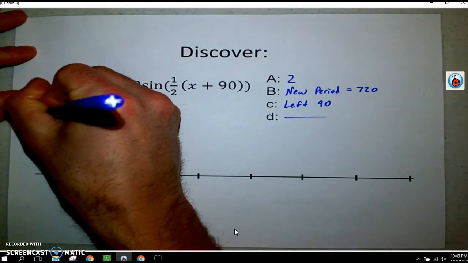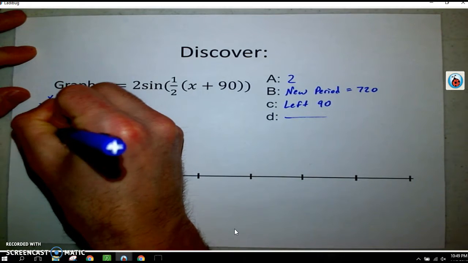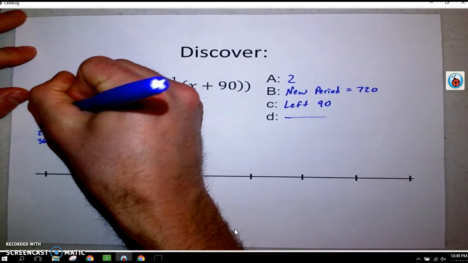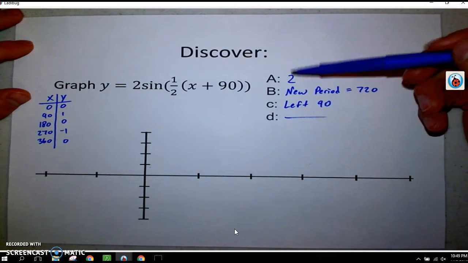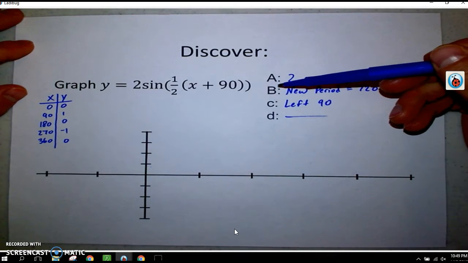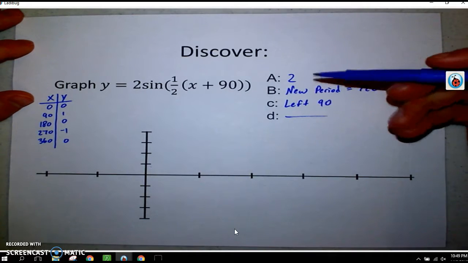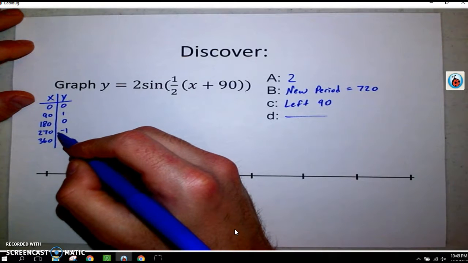If there were no transformations at all, it'd be 0, 90, 180, 270, 360, and my sine values are 0, 1, 0, negative 1, 0. Now I'm going to go through all of these transformations just in alphabetical order here, and I'm going to apply those to this table of values.